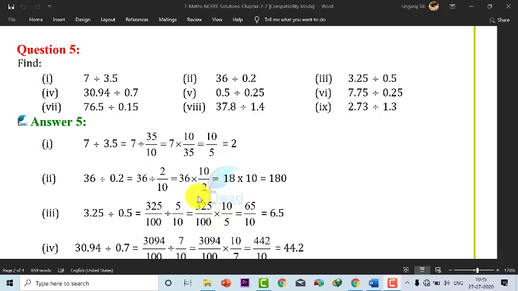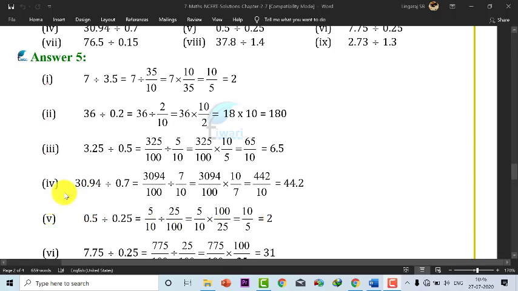Here 5 ones are 5, 5 sixes are 30, and 25 remains, 5 fives are 25. So we get 65 in the numerator place, and the denominator place is 10. So 65 into 1 is 65 and 10 into 1 is 10. We got 65 by 10. So its decimal form is 6.5.